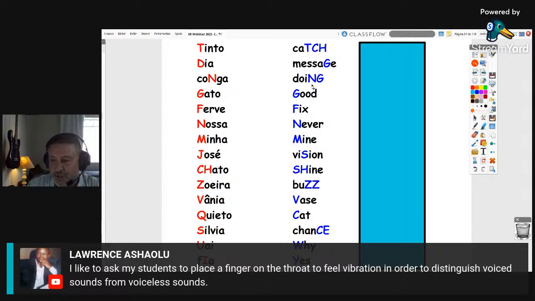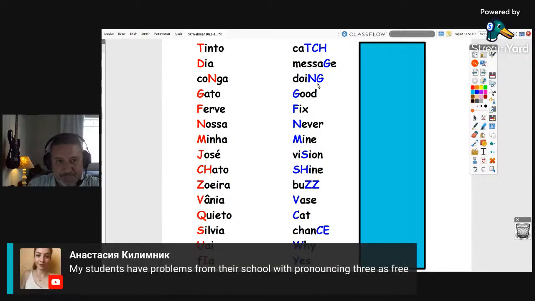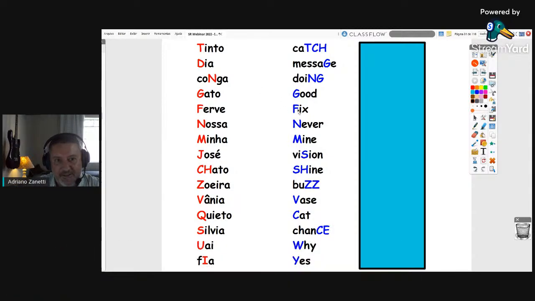Conga, doing. Gato, good, no difference. Ferve, fix. So what am I using? I'm using my own language as a way to associate that English is different in some aspects, but yes, it is similar in many other aspects.